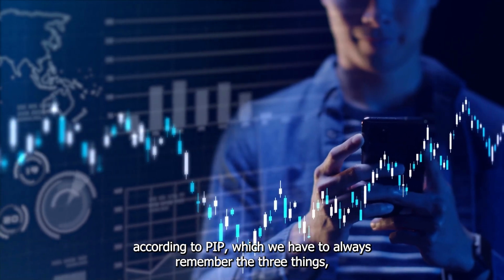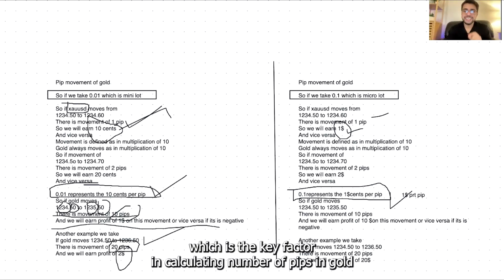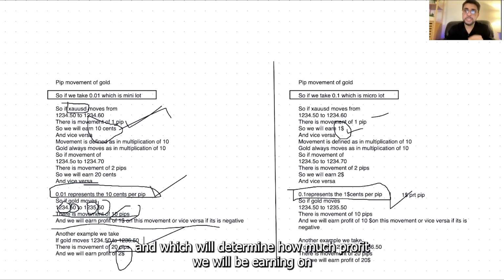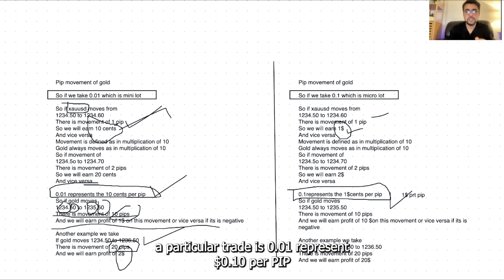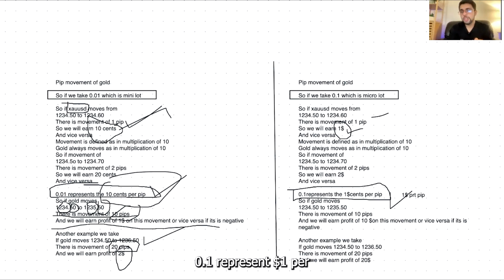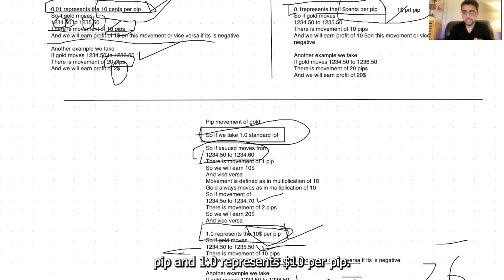The three things which are the key factors in calculating the number of pips in gold, and which will determine how much profit we will be earning on a particular trade, are: 0.01 represents 10 cents per pip, 0.1 represents $1 per pip, and 1.0 represents $10 per pip.